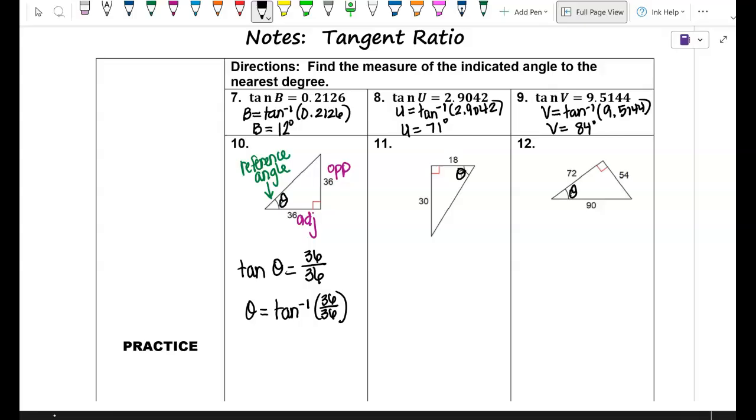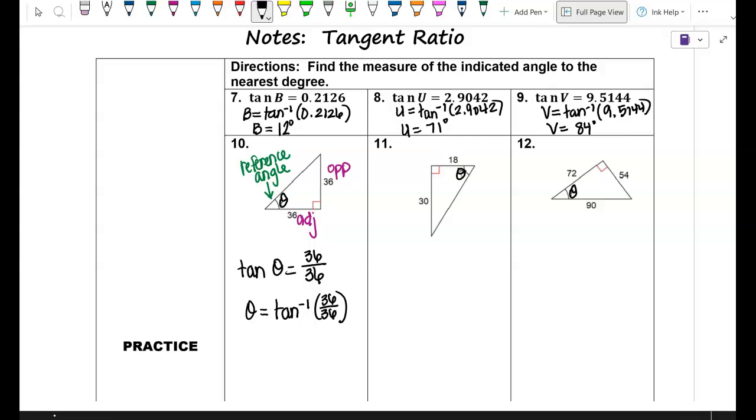We also said that an isosceles right triangle had to be what? What had to be the angle measures for our isosceles right triangle? They were the same. It's one of our special right triangles. 45, 45, 90. I'm going to show you, the calculator is going to tell you this angle is 45 degrees.